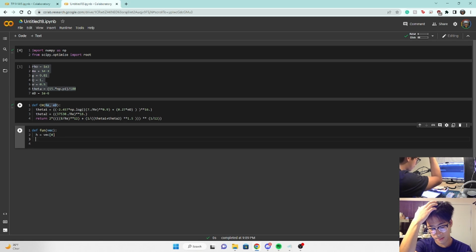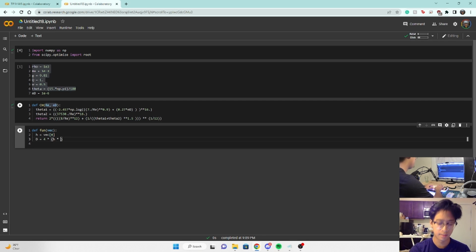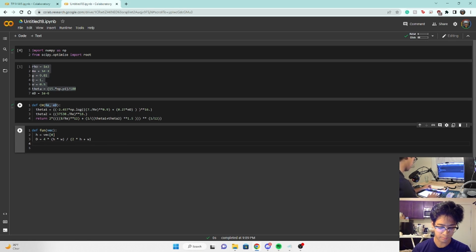First thing we need to do is define an effective diameter, which is 4 times h times w divided by the quantity twice h plus w. Now what? Let's do the Reynolds number first.